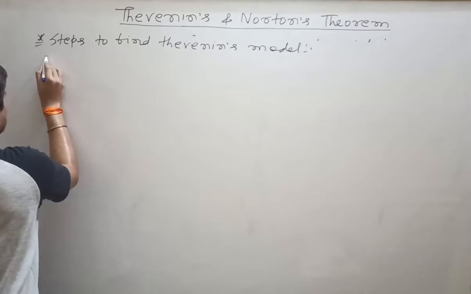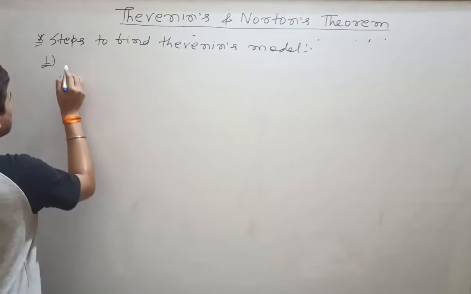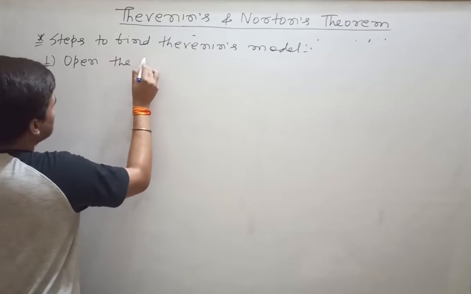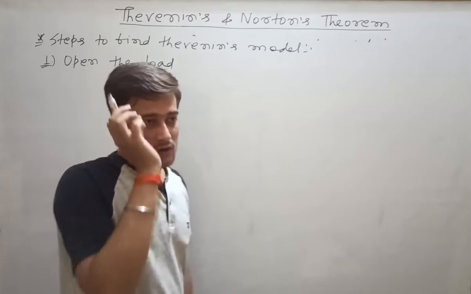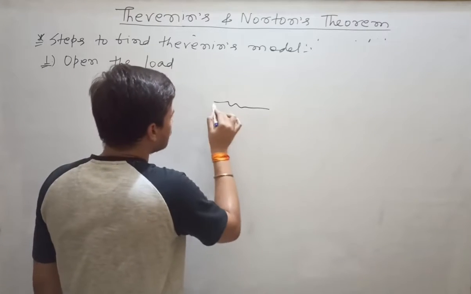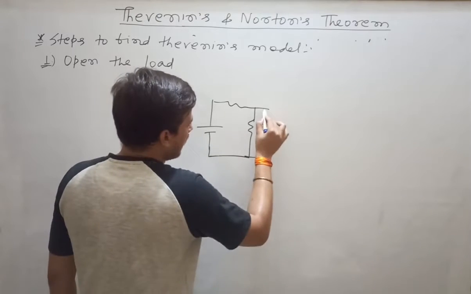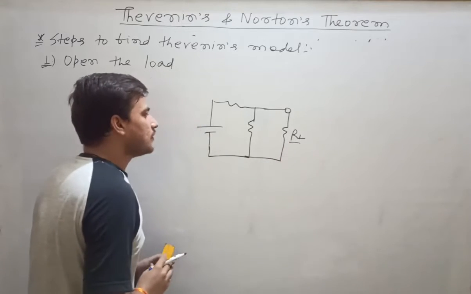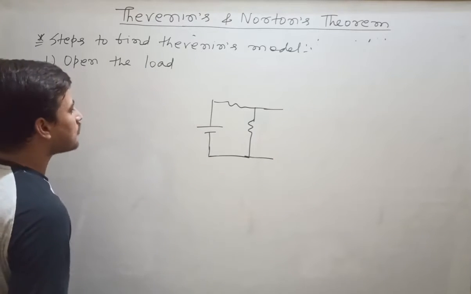First step is open the load. That means if a network is given to you, and here you have been given a load resistance RL, then what is the first step? First step is we have to open the load. Clear?